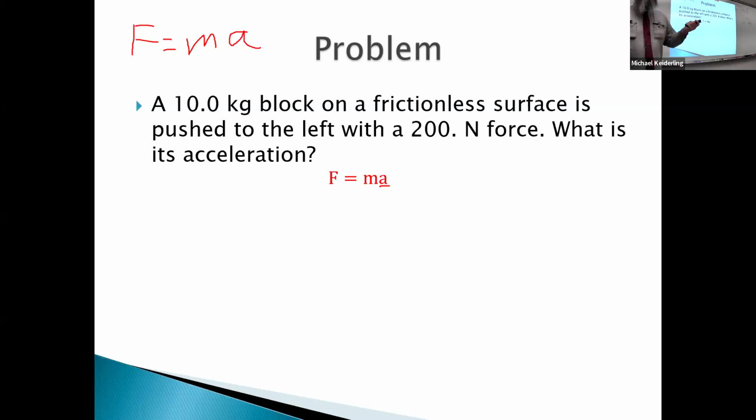We want to find acceleration. We divide both sides by mass. We get acceleration as force divided by mass.